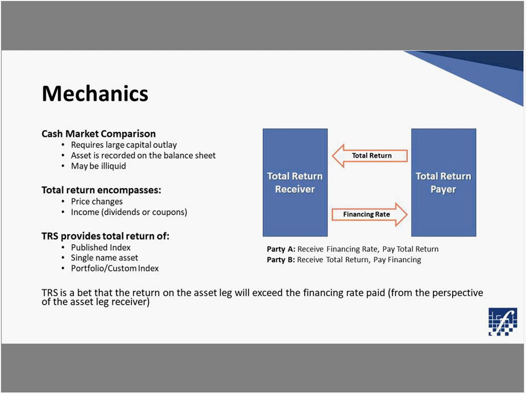You can specify a published index as your reference, such as the S&P or a bond index. You can specify a single name asset, such as an equity, a single bond, a commodity, a loan, almost anything you can think of. And finally, you can actually also specify a portfolio or a custom index.